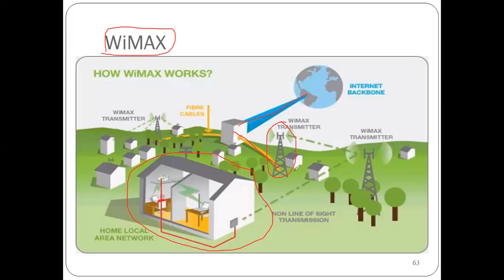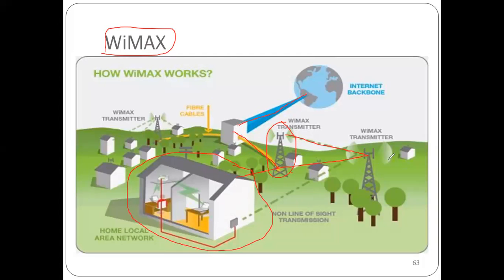Now instead of deploying wires to each and every home, we will transmit radio signals to reach any request by any customer, right? So we don't need to deploy the cables all the time.